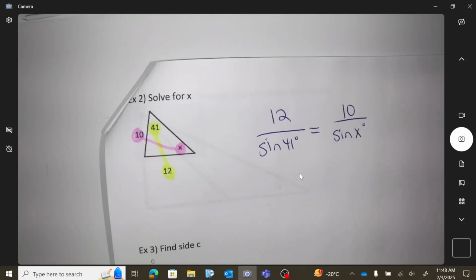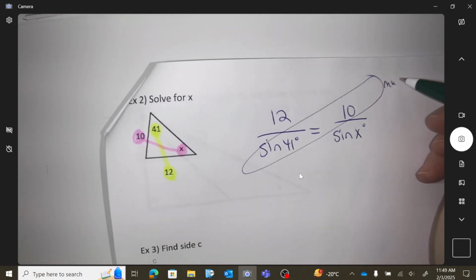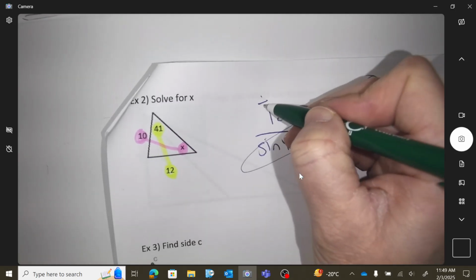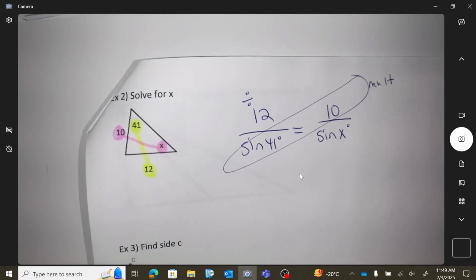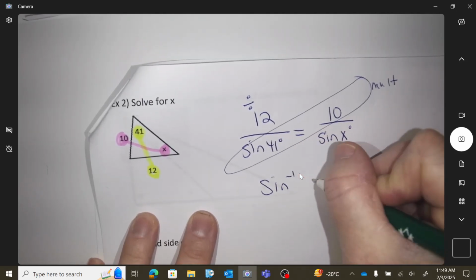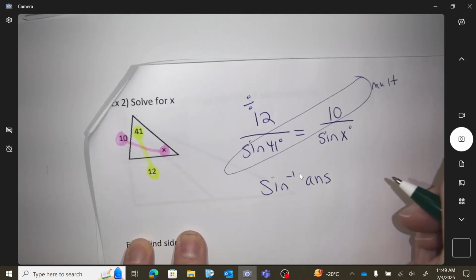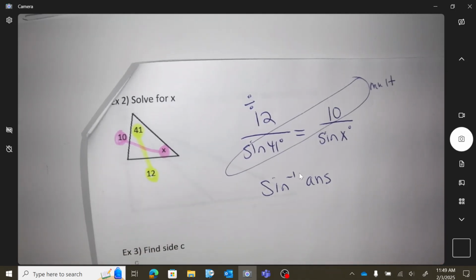Okay, so what did we do here? We said if we have a fraction, we're going to cross multiply. Multiply, divide. Okay, but I'm finding an angle. What did we say our trick was when we find an angle? We have to inverse, right? To get angles, we have to inverse. Okay, so you're going to do 2 steps here.